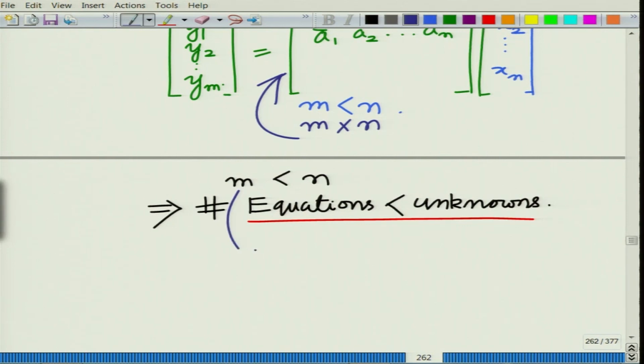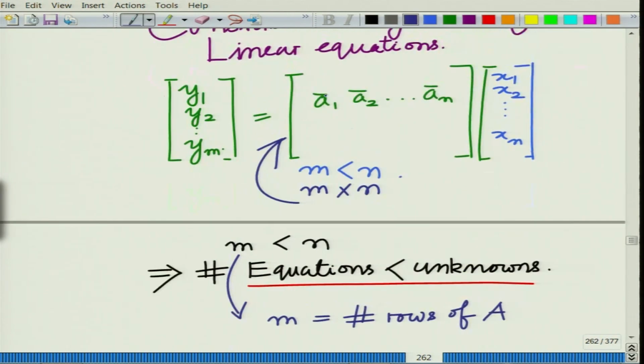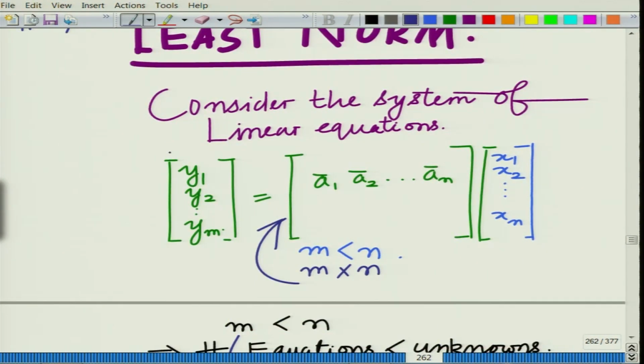Also m less than n, remember m equals the number of rows of the matrix A. So, this is basically your matrix y bar, this is your matrix A, and this is your matrix x bar. So, you have y bar equals A times x bar.